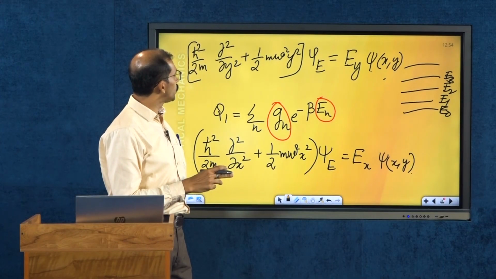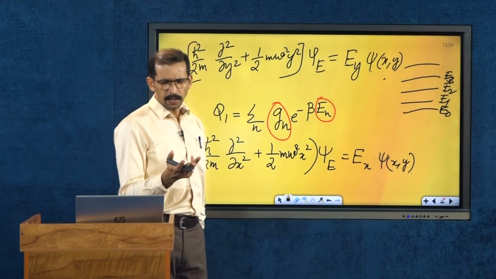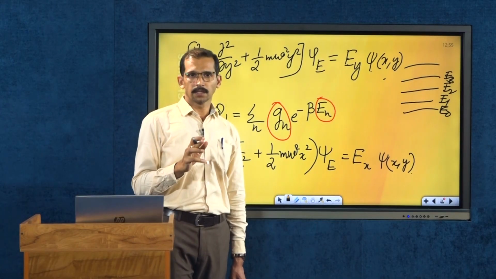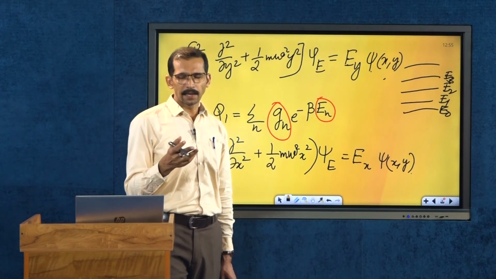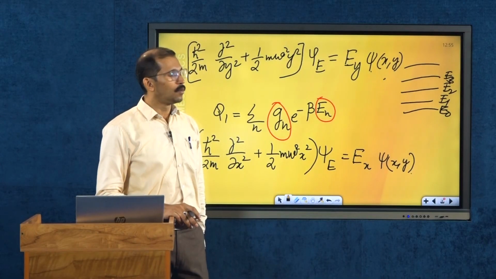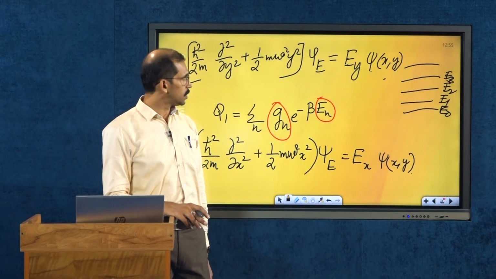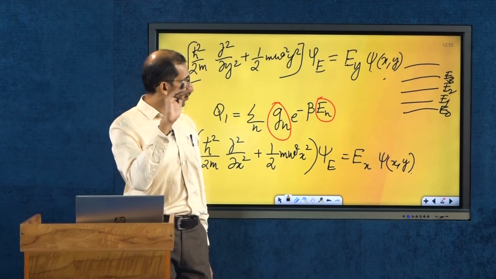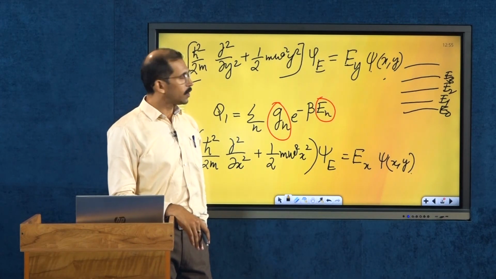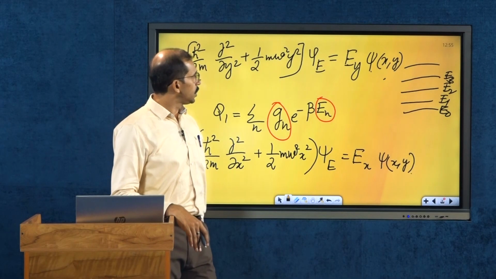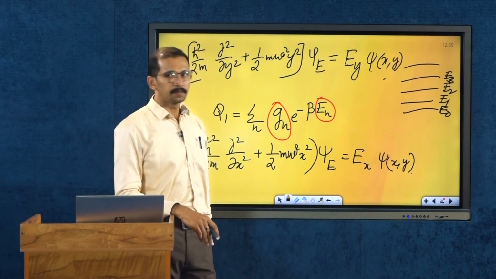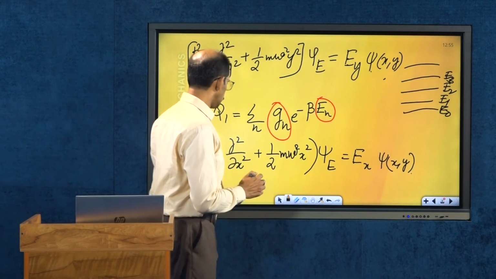Correspondingly, what is the value of the energy? This is a very basic situation in the analysis of a harmonic oscillator, where the energy can be expressed in terms of quantized levels, and therefore I can write Ex is equal to n plus half h cut omega. This is a very general expression.